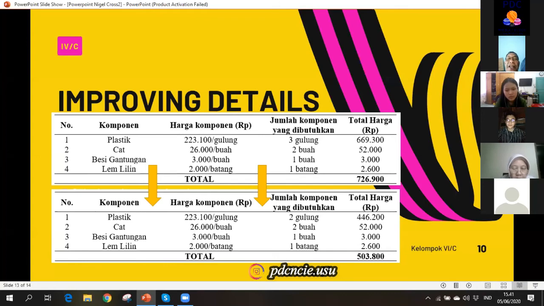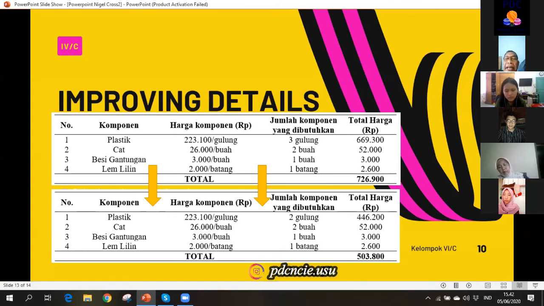Both number 1, plastics. Harga komponen, you wrote 223,100 per gulung. And now jumlah komponen, the one 3 gulung and then 2 gulung.